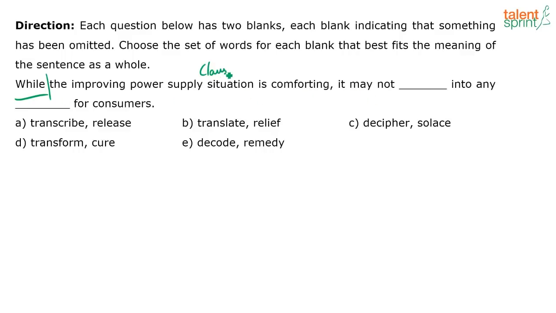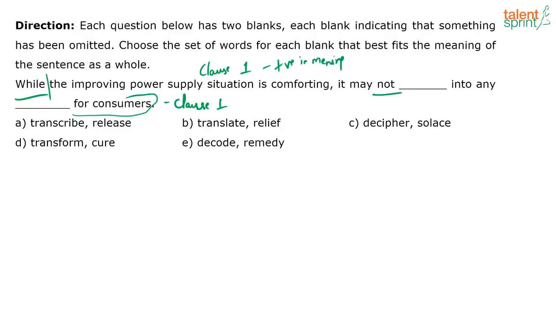This is clause 1. It may not dash into any dash for consumers is clause 2. So while I understand that clause 1 is positive in meaning, right? It may not. Already I have the second clause saying something negative. It may not do what? It may not dash into dash for consumers.